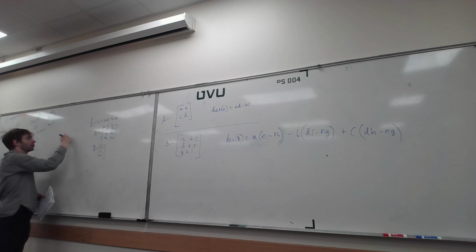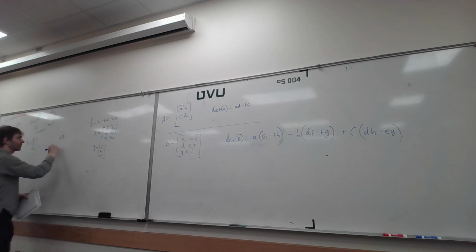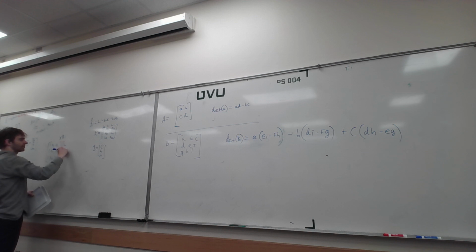On the left, I have 1, 1, 1, x 1, 1, x 1, 2; x 2, 1, x 2, 2; x 3, 1, x 3, 2. Now I'm going to multiply this by b naught, b1, b2.